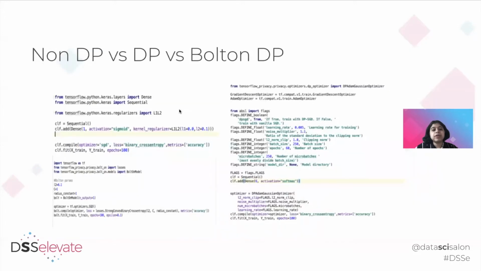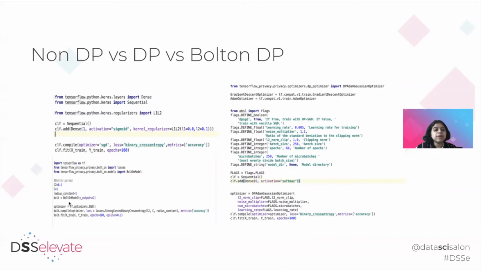So here we see how we train different types of models: without differential privacy, with DP, as well as with Bolton DP. The first one on the left-hand side is just a plain inductive model with a sigmoid activation function and binary cross entropy, which we are optimizing using kernel regularization on the metric accuracy. When we do the same thing with Bolton DP, we have a regularization factor and radius constant, as well as importing the Bolton model.